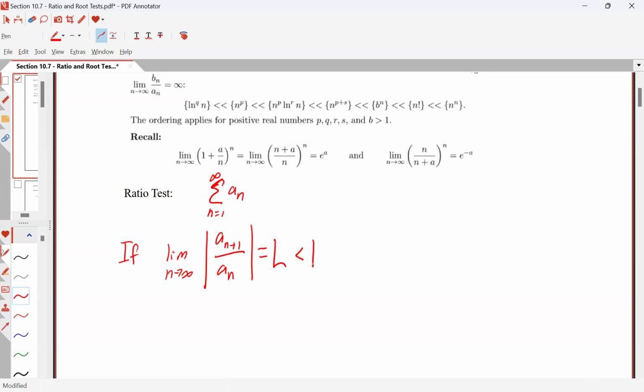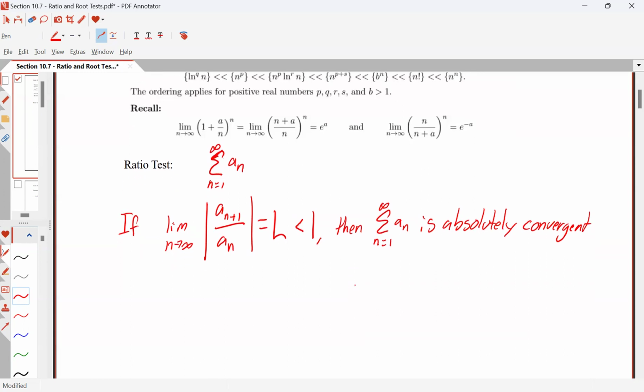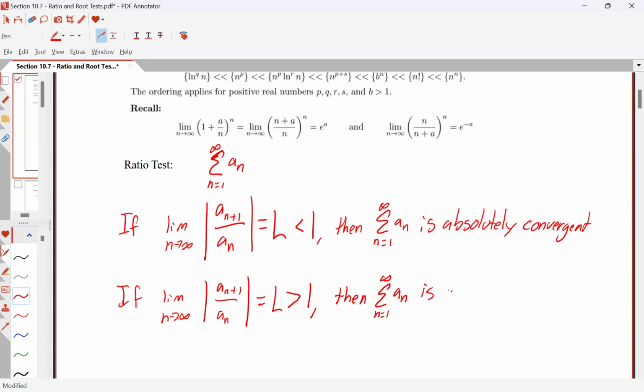So if the limit is less than 1, then the series n equals 1 to infinity of a sub n is absolutely convergent. If the limit as n goes to infinity of this absolute value of the ratio comes out to a value, and that is bigger than 1, then the series is divergent.